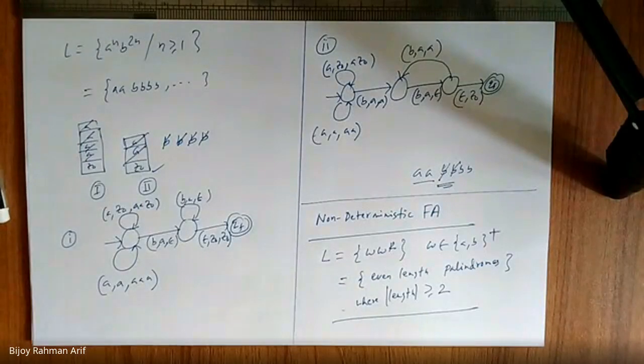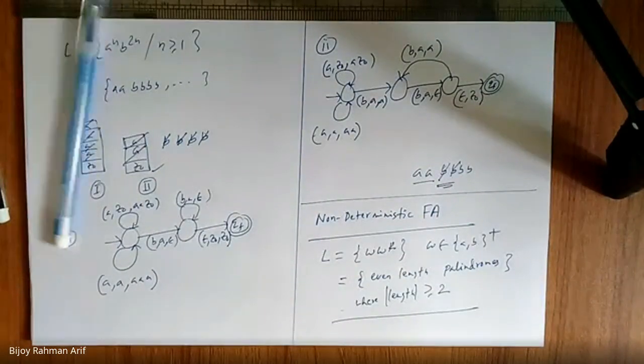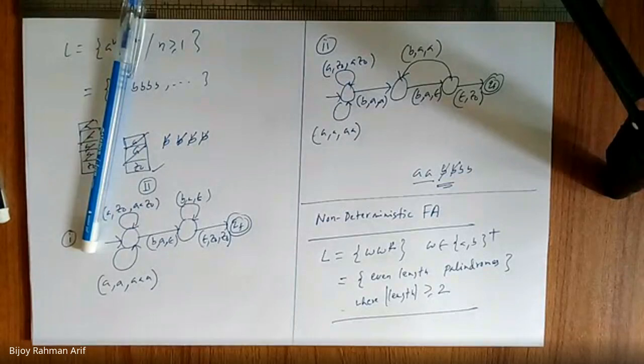How can you accept this language? Using a pushdown automaton. How can we accept this?